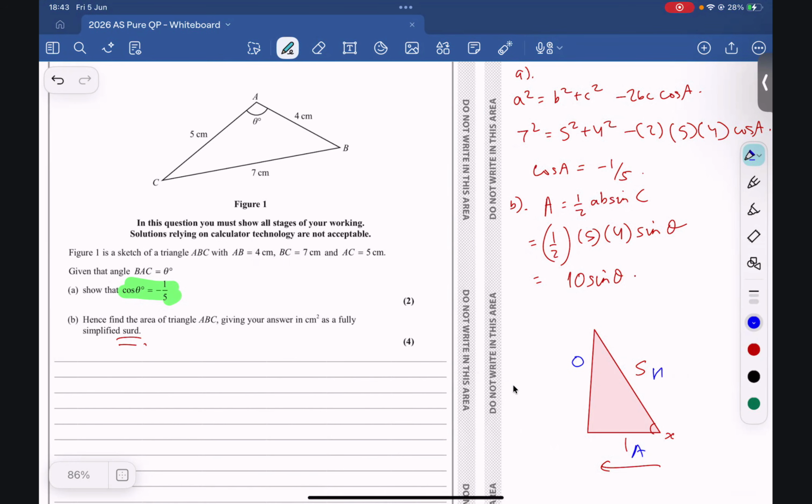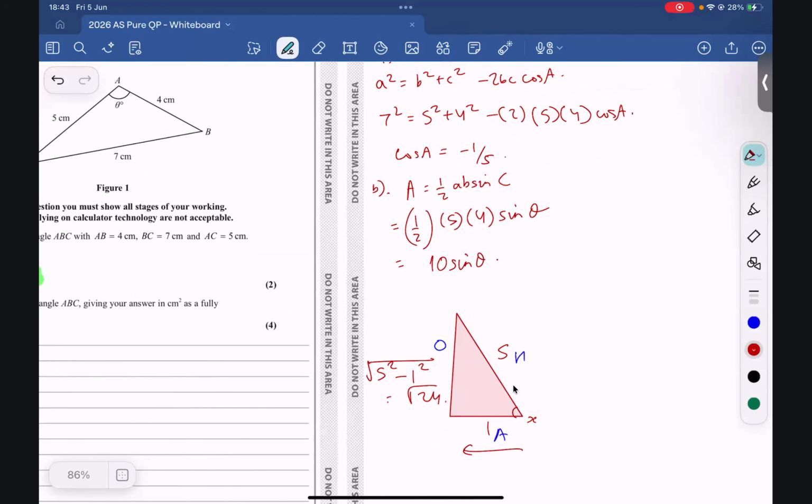If we know that that's our triangle, we can work out our opposite just by using Pythagoras. So this one is going to be equal to 5 squared minus 1 squared, square rooted, so we get root 24. And then if you have your opposite and your hypotenuse, we know that sine theta equals O over H, so root 24 over 5.